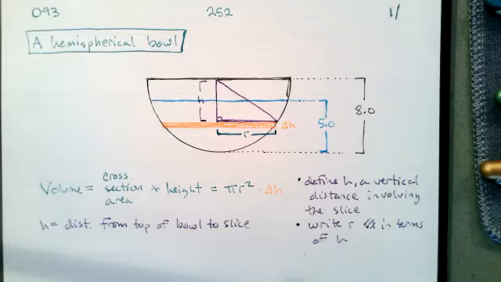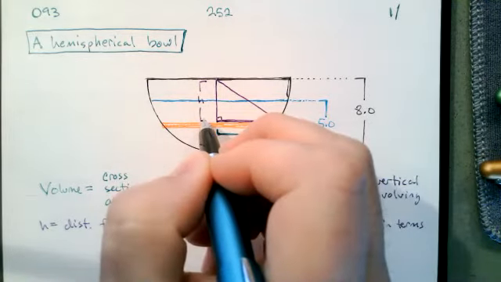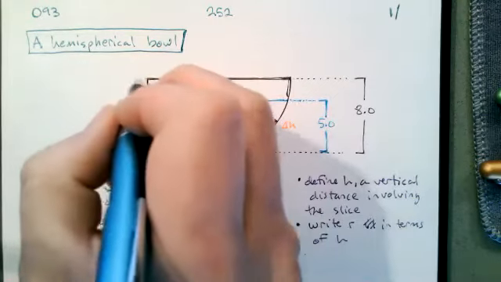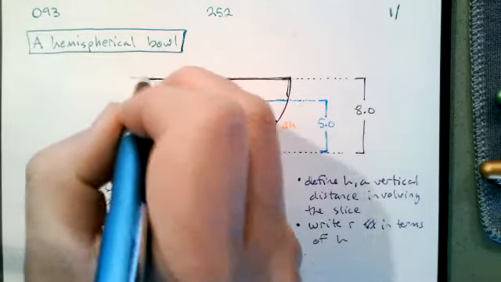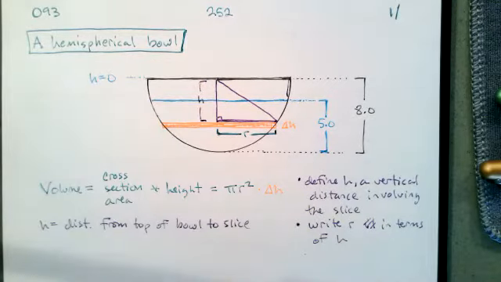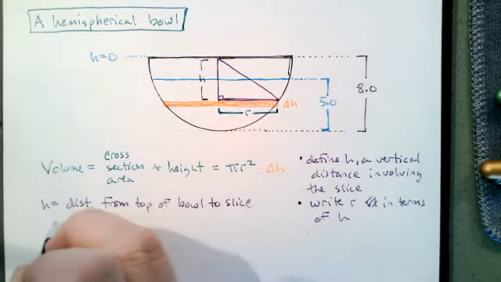The other thing that this does is define where 0 is. Once we define our delta variable, one end is the slice, the other end is 0. So that forces us to say that 0 is up here at the top of the bowl. So this means h equals 0 is at the top of the bowl.